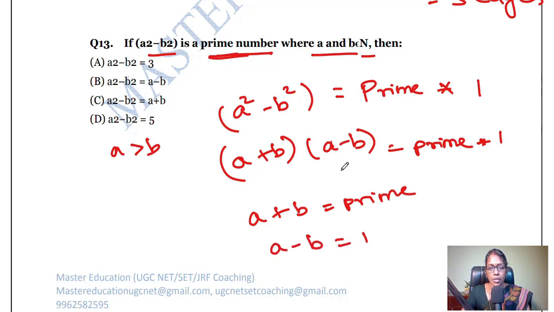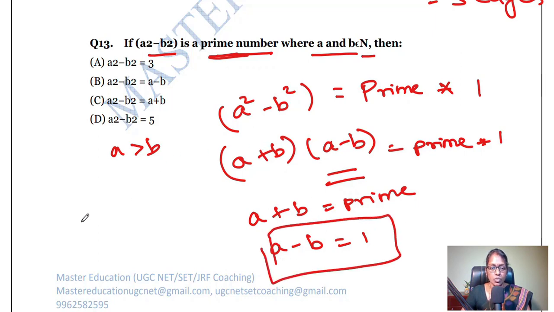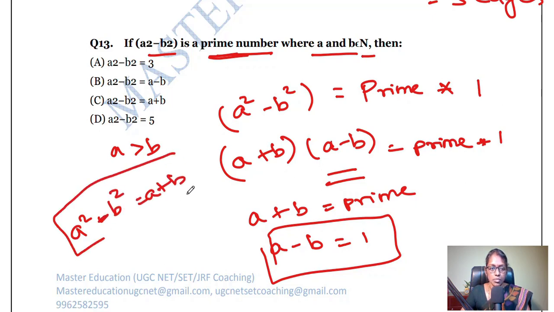So if a minus b equal to 1, how can I write this equation? So a square minus b square equal to a plus b. So option C is the correct answer.